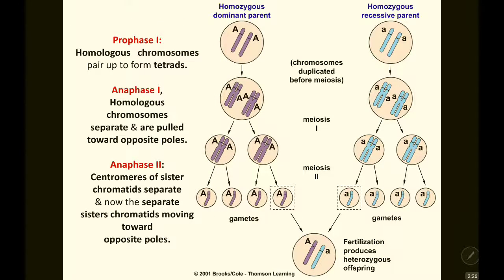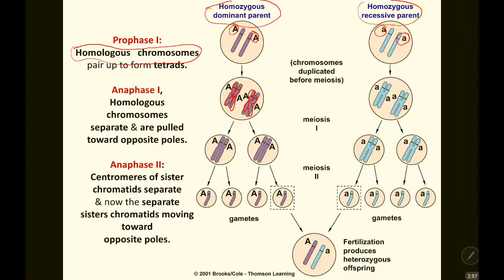Okay, example. We have a homozygous dominant parent with a pair of homozygous big A. Homozygous recessive parent with a pair of small a. So now, during prophase 1, homologous chromosomes pair up to form the tetrads. So now these become homologous chromosomes.